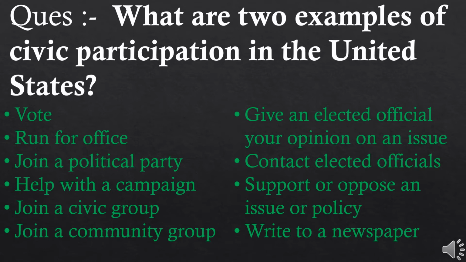Vote. Run for office. Join a political party. Help with a campaign. Join a civic group. Join a community group. Give an elected official your opinion on an issue. Contact elected officials.